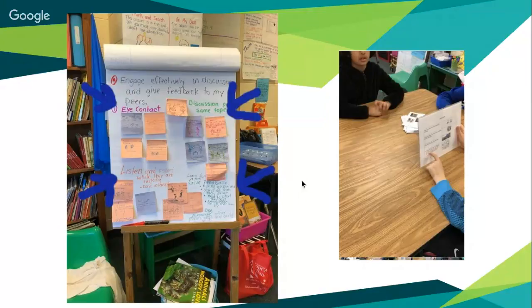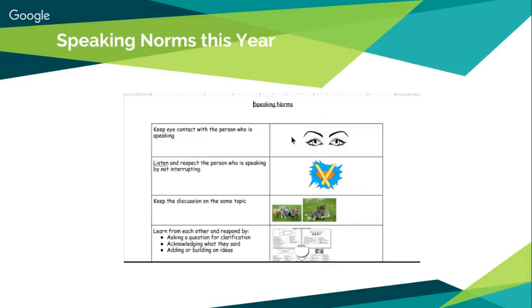They know that if I'm going to have them sort or do an activity in a group, they are going to read out the norms and follow the norms. This is a chart where I did this process again later in the year, and we changed the norms a little bit, not much, based on their comments on their sticky notes.